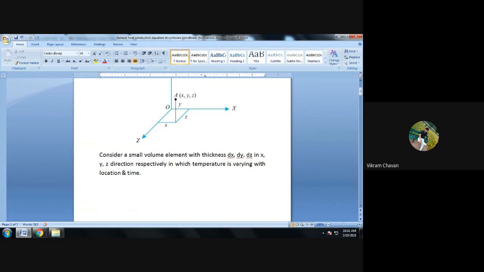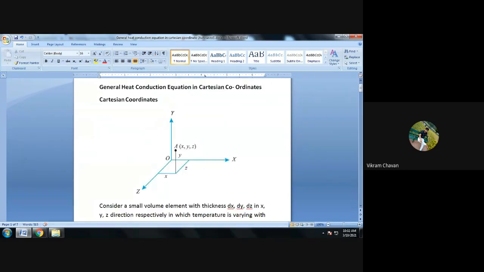Okay, so in the last lecture, we started the discussion on the general heat conduction equation in Cartesian coordinates, and we discussed what is meant by Cartesian coordinates. Cartesian coordinates mean measuring a point in a rectangular frame, in three-dimensional geometry, only in terms of length or distance.